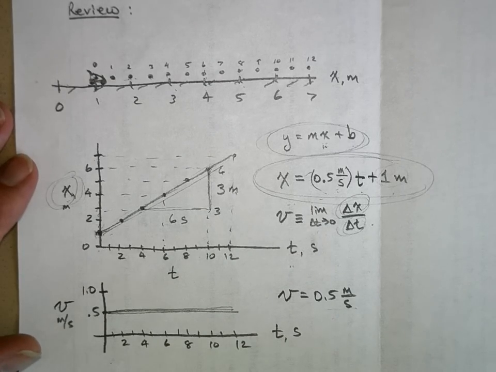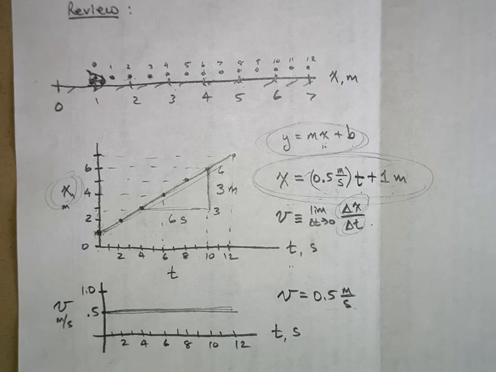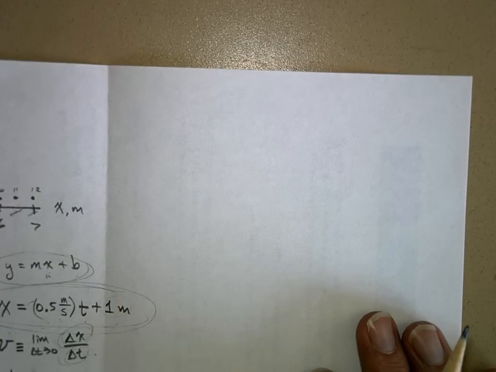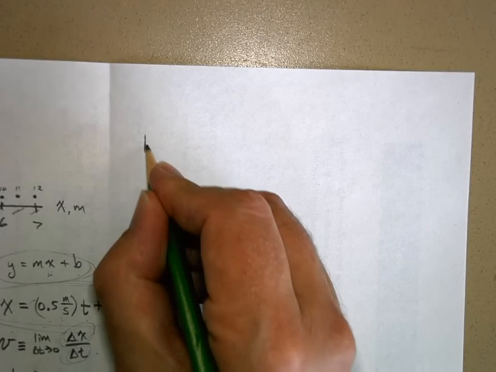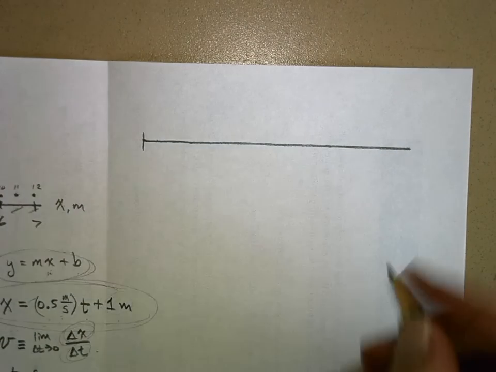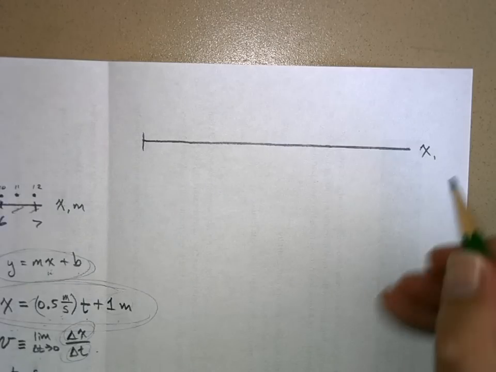Okay. All right. Well, what if my object did something like this? I mean, this is pretty boring, right? So let's take a look at a situation where, here's my, I'll just draw it qualitatively. Qualitatively means I'm not going to put any numbers on it. So here's my x-axis.